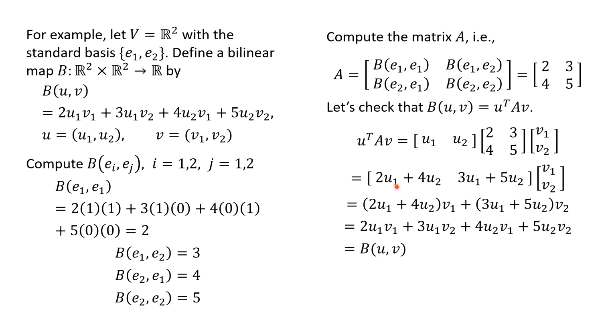We multiply this, and we get another row vector here, a 1 by 2 vector, and then that's times the column vector here. Multiply that out, we get this. Then we just multiply v1 on this side and v2 on this side, and we get this, and it is the same as what we started with.